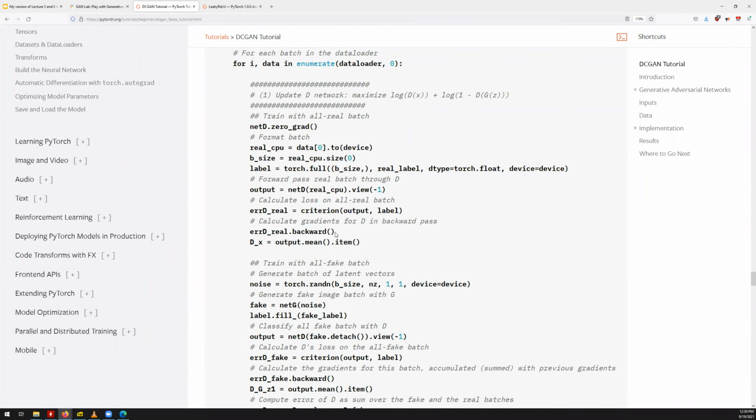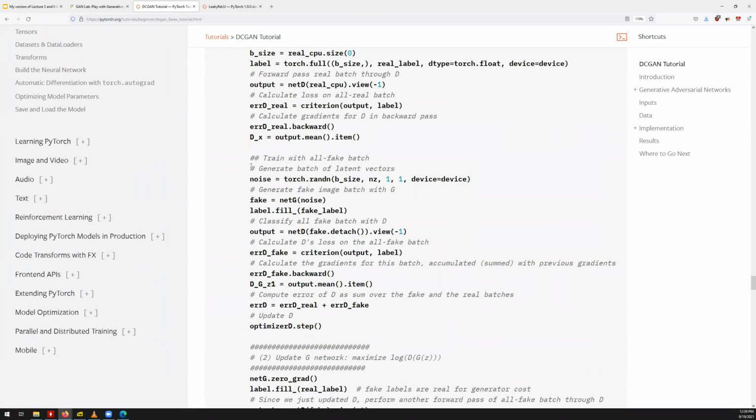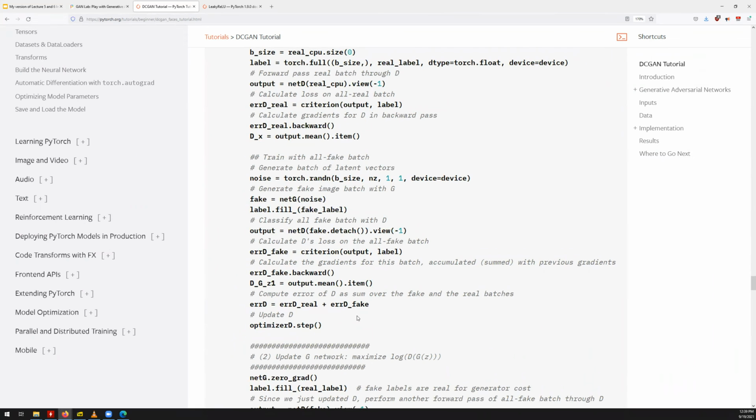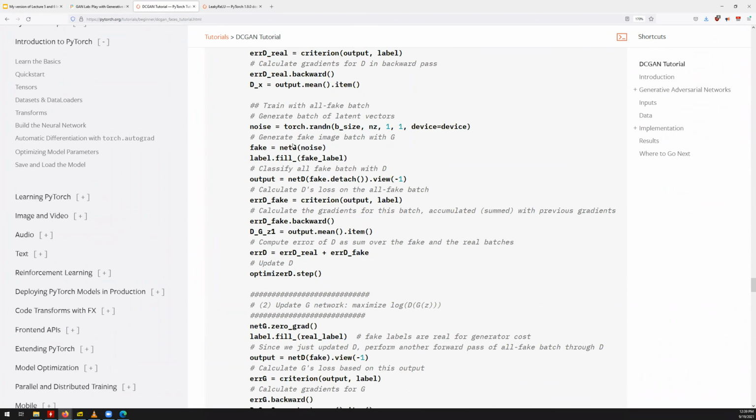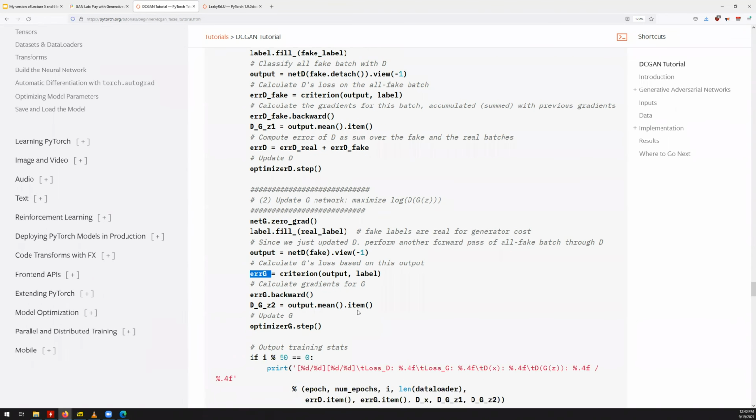There's a backward, and only the discriminator is being trained. Then there's the fake batch, where you train the discriminator again, the D part, right? And then you train the generator part with the fake images again.